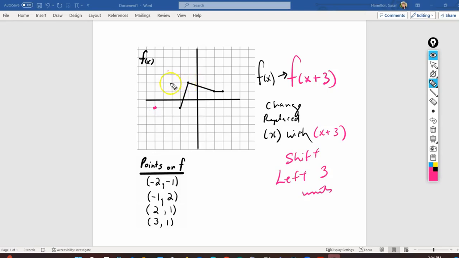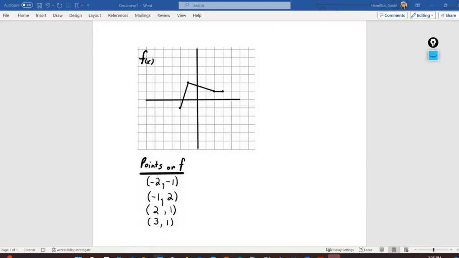Here I'm going to have 1, 2, 3, and then connect as we go. This point I'm going to go left 1, 2, 3, and connect as we go. And then this point I'm going to go left 1, 2, 3, and connect as we go. So what I've drawn in red there is the graph of f evaluated at x plus 3.